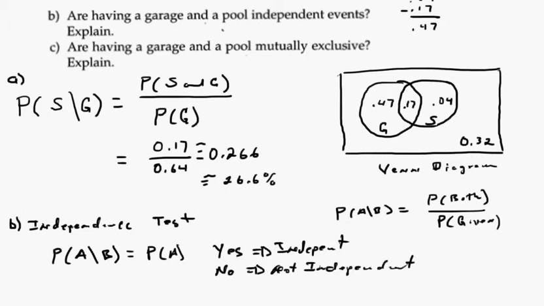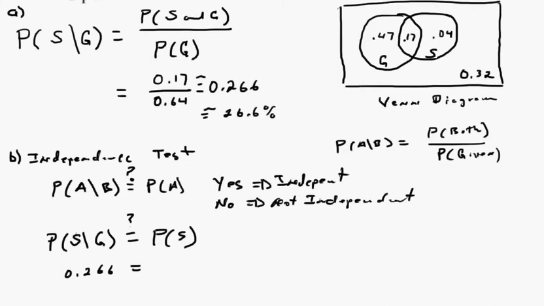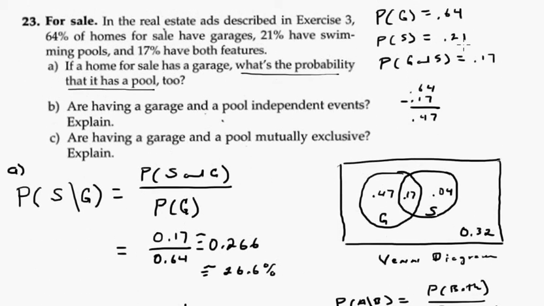So let's give it a try. What's the probability of S given G? Is that equal to the probability of S? In other words, does the condition even matter? Over here, we know that this is going to be 0.266. But the probability of a swimming pool is 0.21.